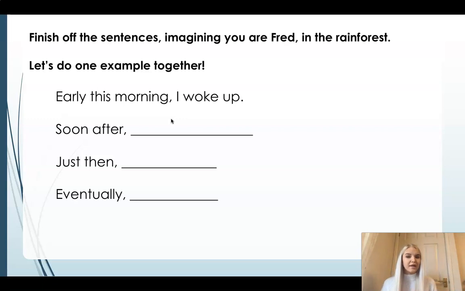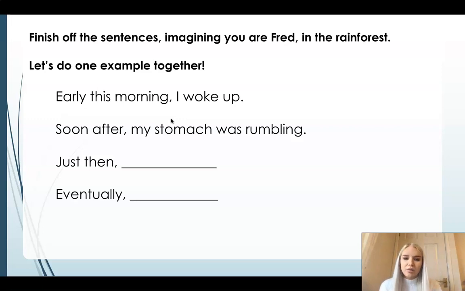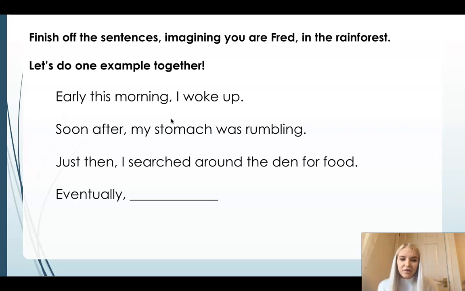Okay, so what happened next? Soon after, what did I feel? How did I feel in the rainforest? My stomach was rumbling. So early this morning, I woke up. Soon after, my stomach was rumbling. Just then, I searched around the den for food. So I'm still thinking about food.